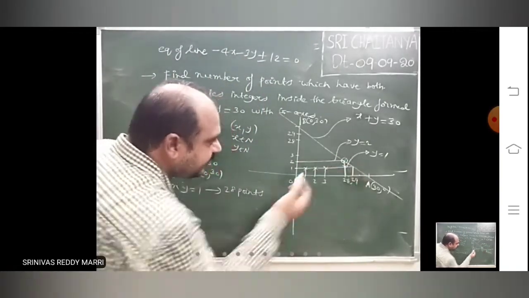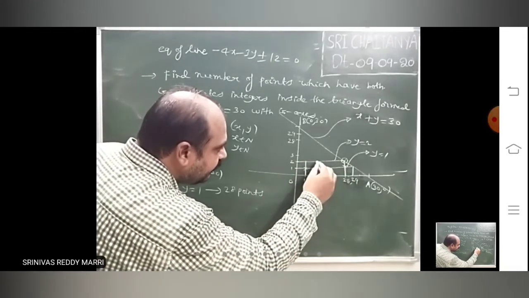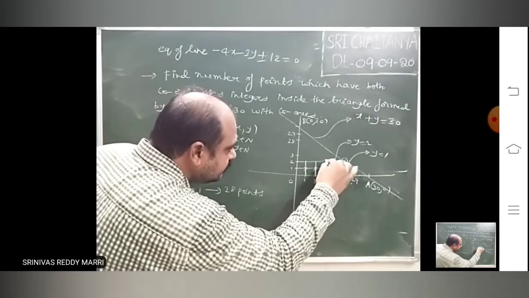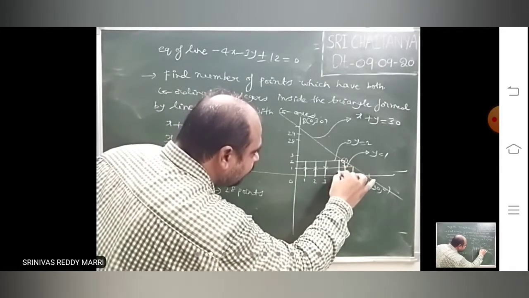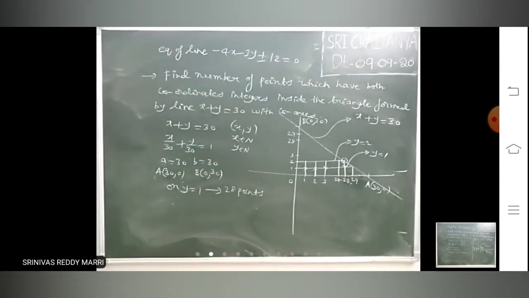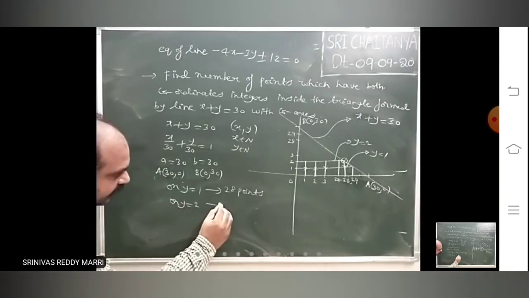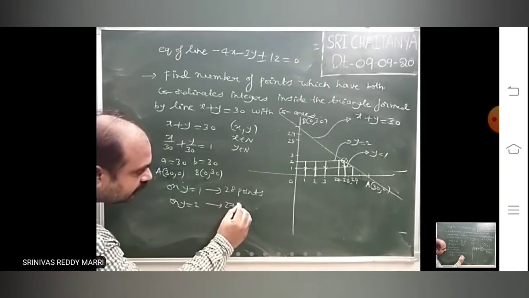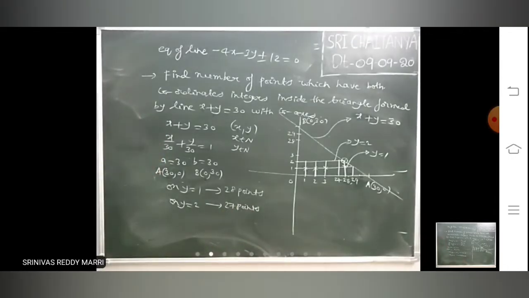Now look at, on this line, what are the points? 1 comma 2, 2 comma 2, 3 comma 2, finally here 27 comma 2. That means on y equal to 2, how many points are there? 27 points are there.